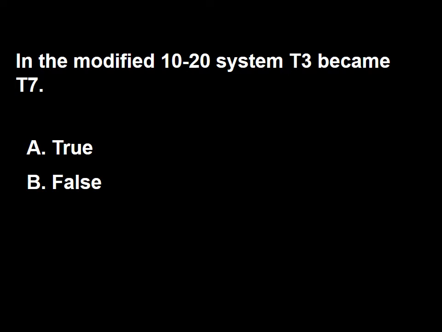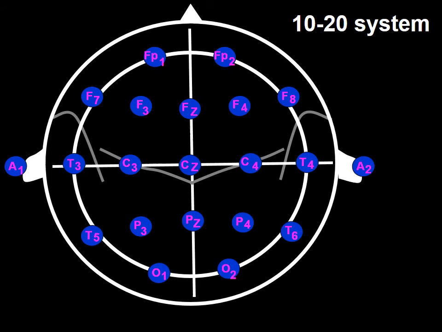Next question. In the modified 10-20 system, T3 becomes T7, A true, B false. In the initial 10-20 system, electrodes were labeled T3, T4, T5, and T6.